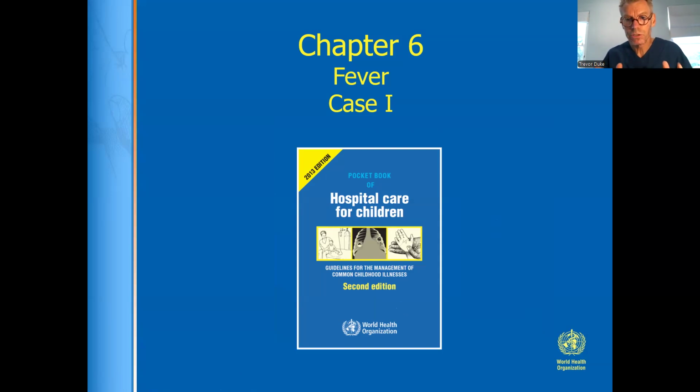And this book was published in 2005 to encompass more than just infections and malnutrition, because at a district level hospital, healthcare workers see many different conditions, and they look after children with a variety of different problems. This chapter's on fever, and it covers all the different types of causes of fever, and the common causes of fever in children.